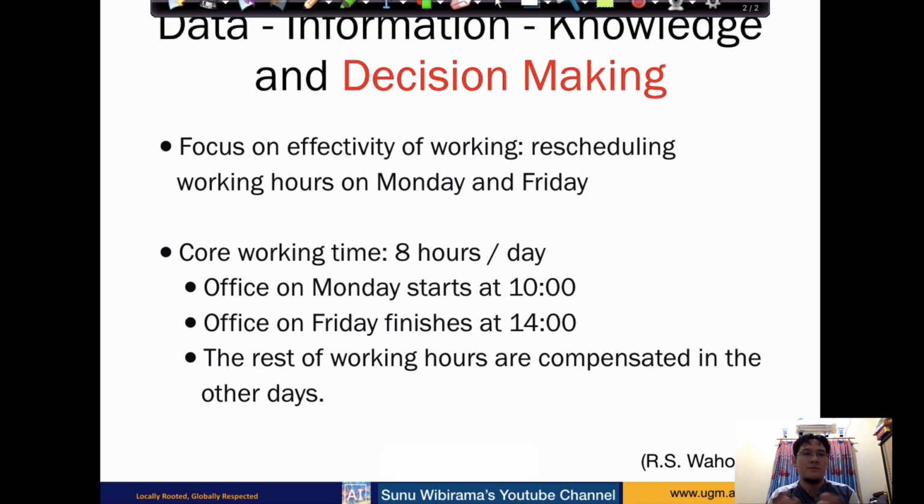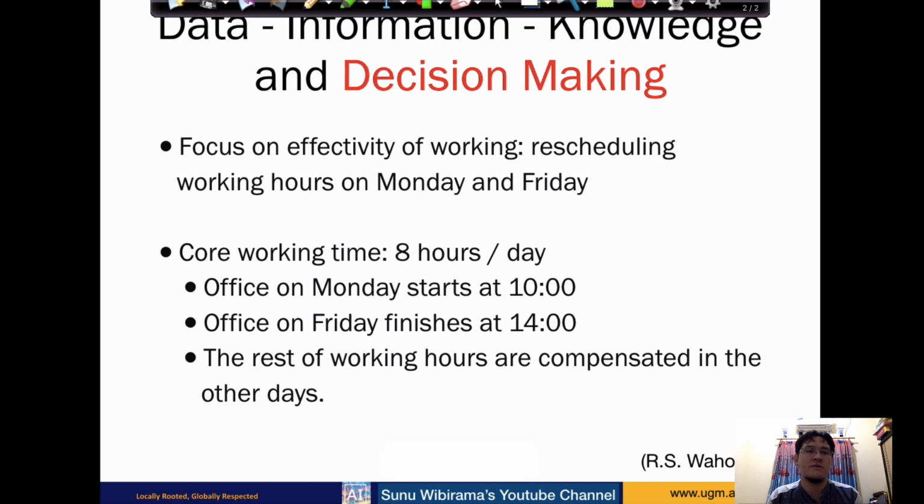So you keep the core working time like 8 hours per day, but the office on Monday starts at 10 to anticipate some people that are coming late. So just open the office at 10 o'clock, and on Friday you can finish at 2 p.m. in the afternoon, and then the rest of the working hours can be compensated in the other days.